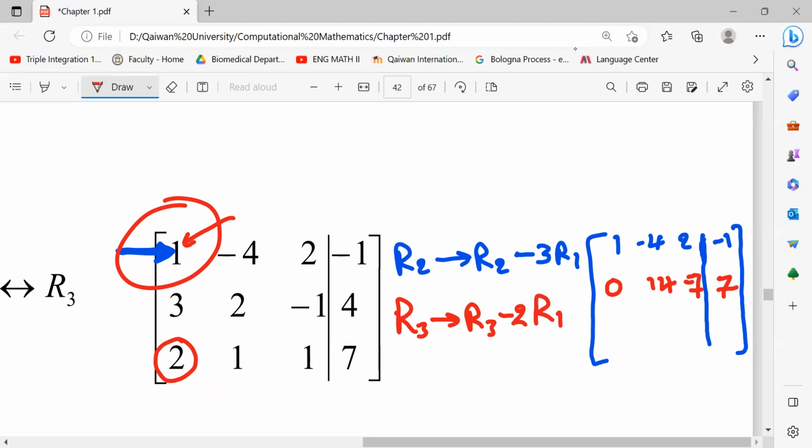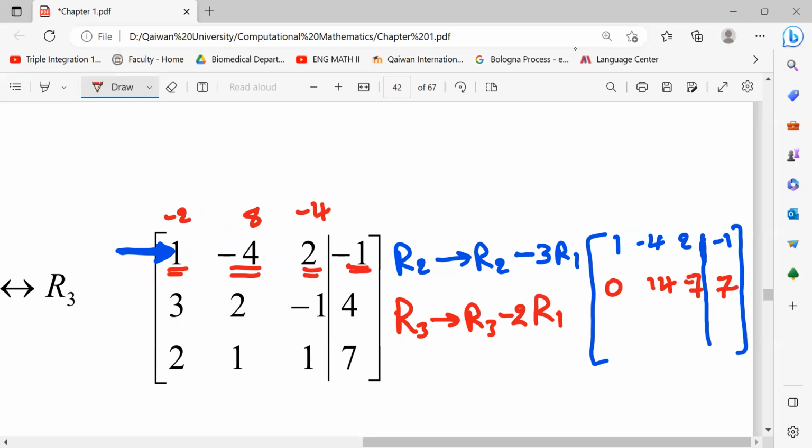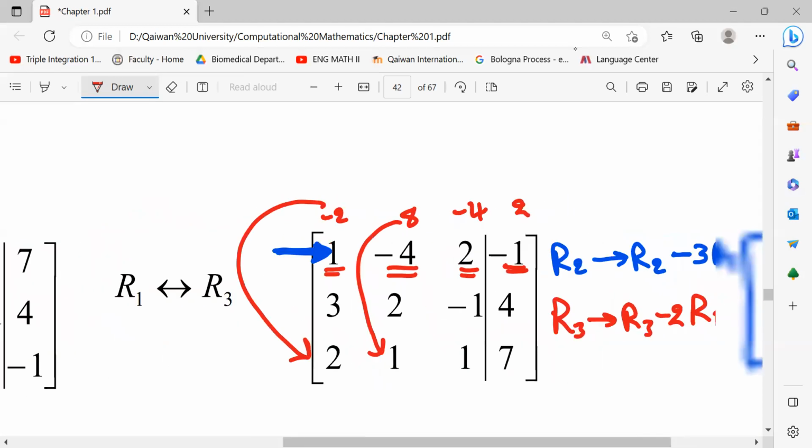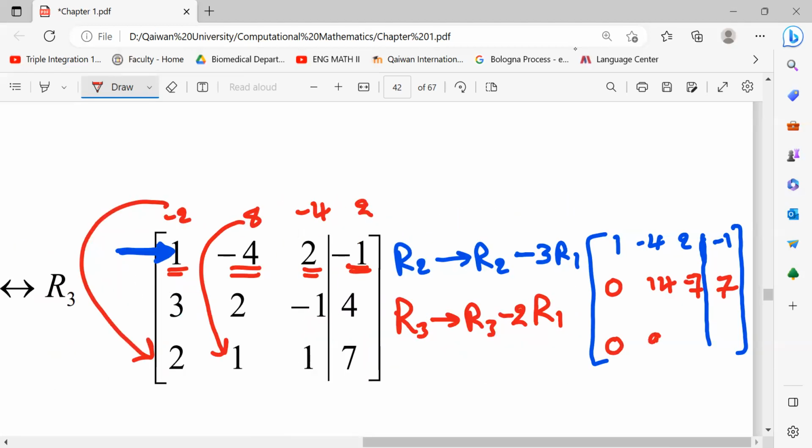Now we multiply R1 by -2. We get -2 here, we get 8 here. This one by -2 is -4. This by -2 is 2. Now we add this for the last row. It's 0. Then 8 plus 1 is 9.